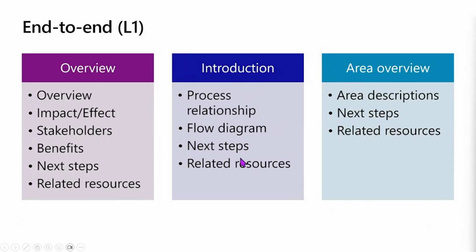When we take a look at what's included in an end-to-end article, like I said, there are 3 articles: the overview, the introduction, and the area overview. The overview articles include an overview of that process, the impact on the organization, who the stakeholders are, and what the benefits are. Basically, all of our articles have next steps and related resources, but when you go to the introduction article for an end-to-end, this is where you'll find a process relationship diagram and the flow diagram, along with descriptions of those flows.